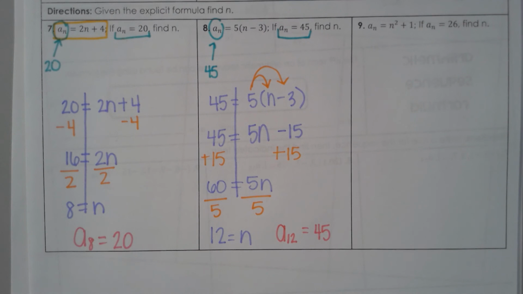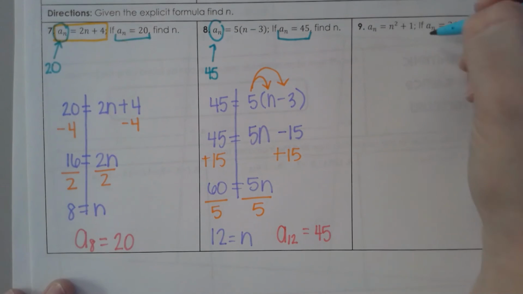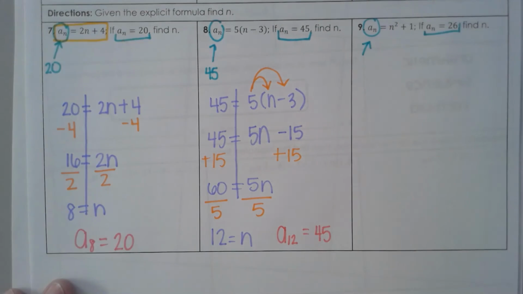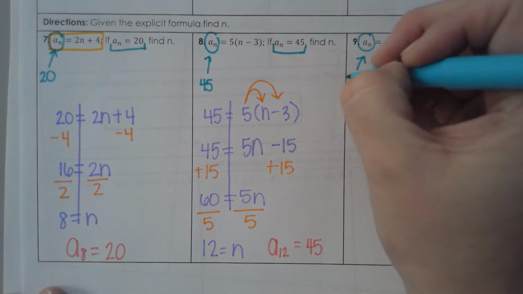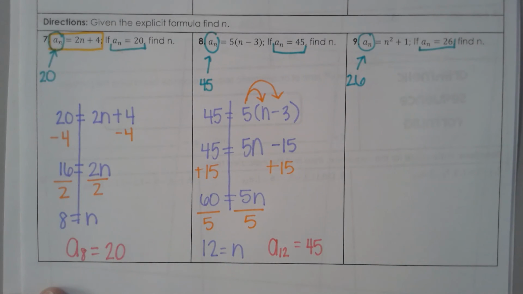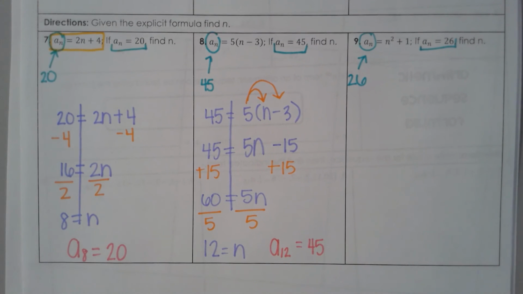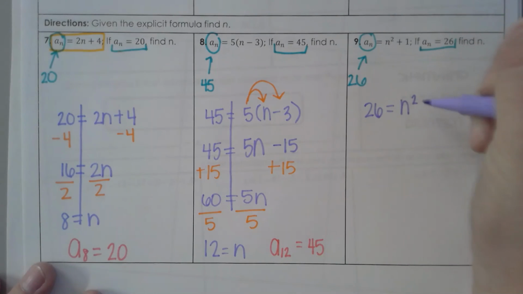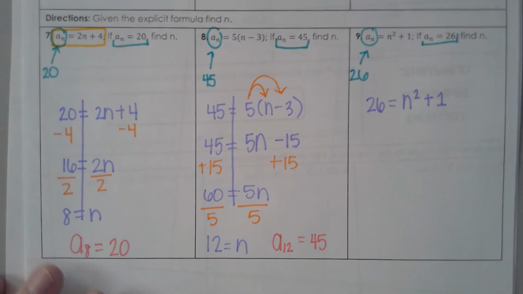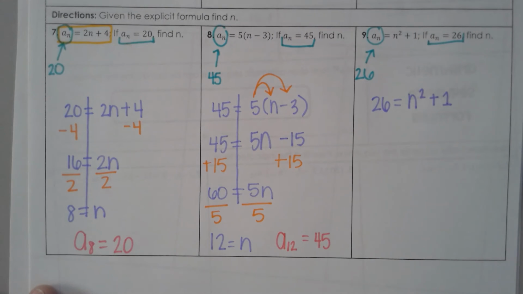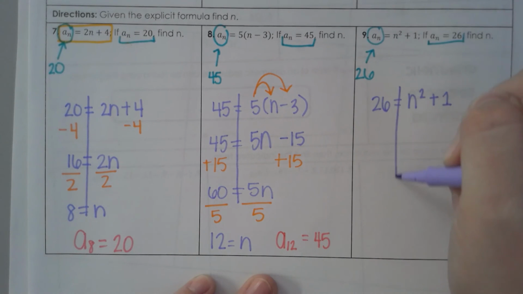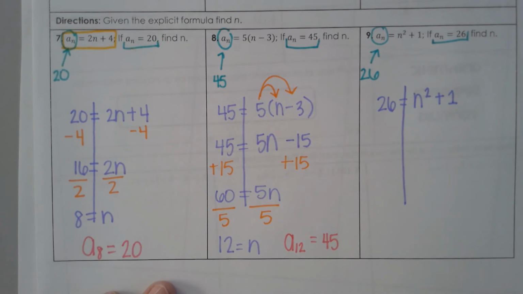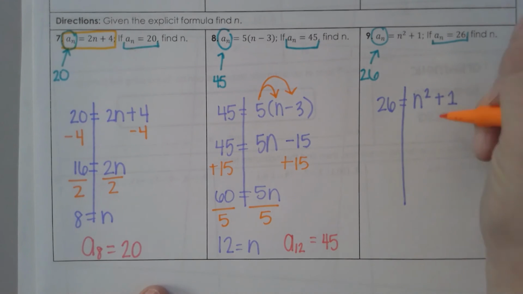We got one more. Give me a second, I need to sharpen first. So we plug in a 26. 26 equals n squared plus 1. What's first? N squared. No. Subtract the 1 first.